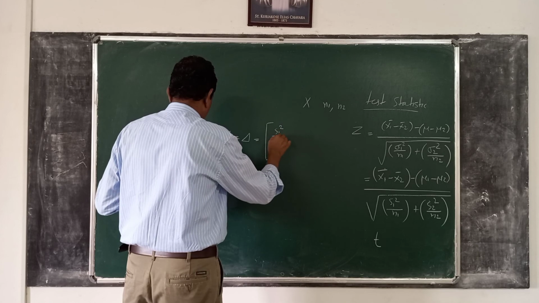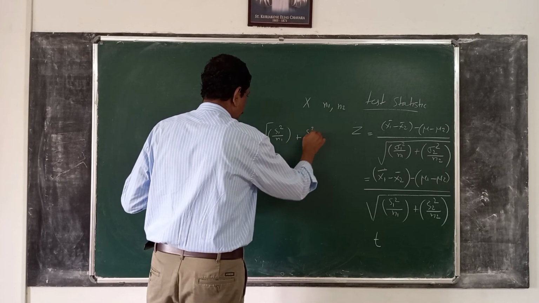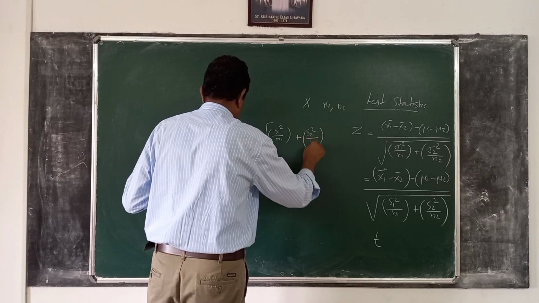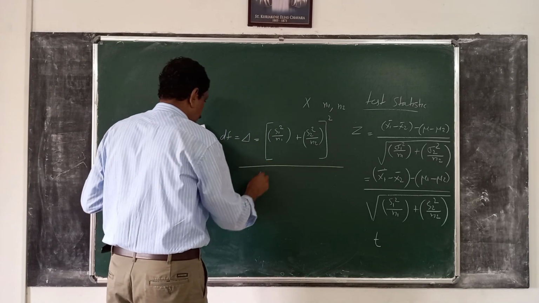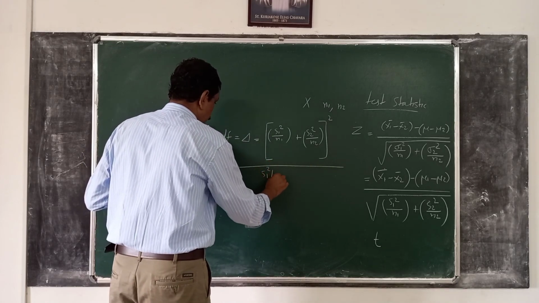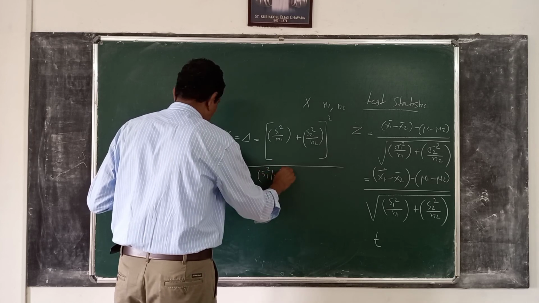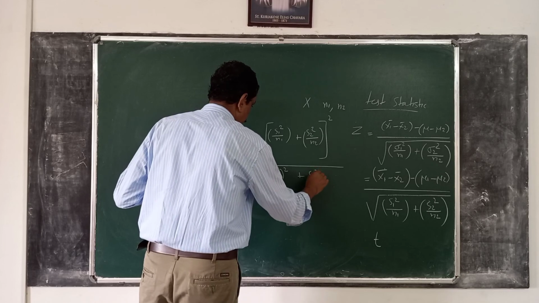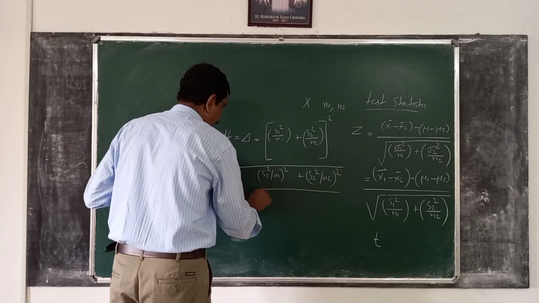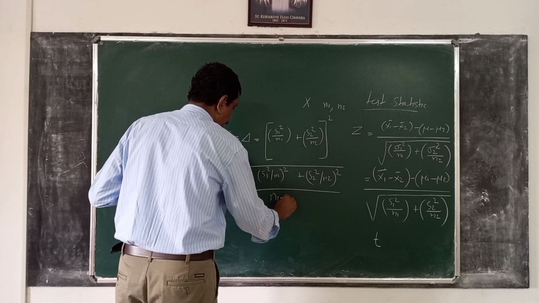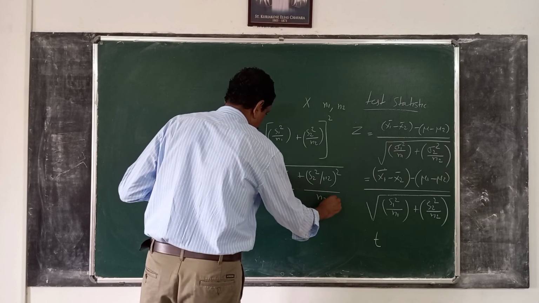(s1 square by n1 plus s2 square by n2) all square, divided by [(s1 square by n1) all square divided by (n1 minus 1) plus (s2 square by n2) all square divided by (n2 minus 1)].